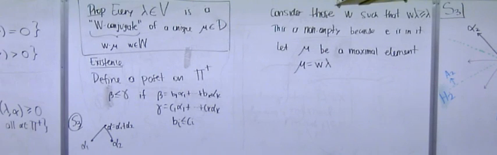So let's think about it in this case. What am I doing? I started with lambda here. And I'm saying let's just allow my group W to move this lambda around. Okay? And we know what the images are. Well, we know that the images look like this, right?